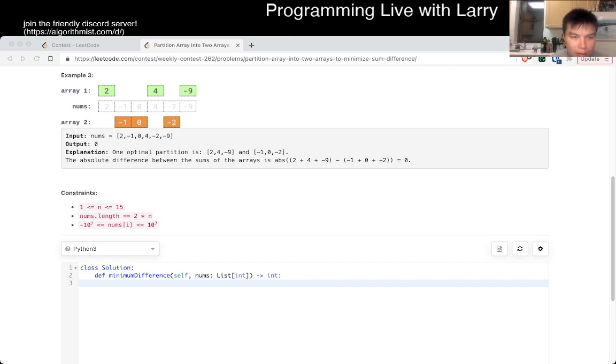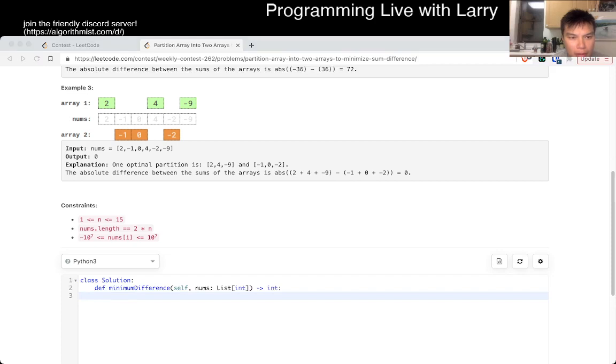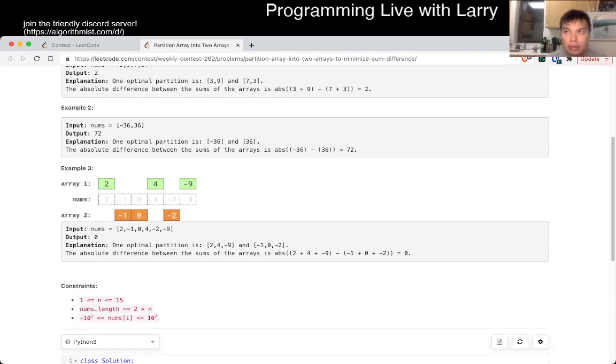I feel like I've done this problem recently too. I just can't recall. Let me see. I think it's just meet in the middle. I see.